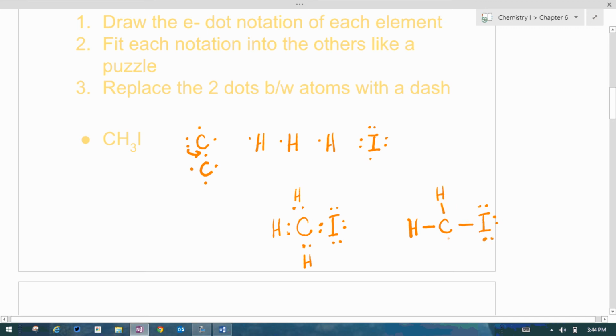And then I have my dash hydrogen at the top and my dash hydrogen at the bottom. So we just simply replace those 2 dots that connected 2 atoms with a dash. It just makes it prettier, it makes it nicer, and it's going to make our topic we're going to talk about in Chapter 7 a little bit easier.